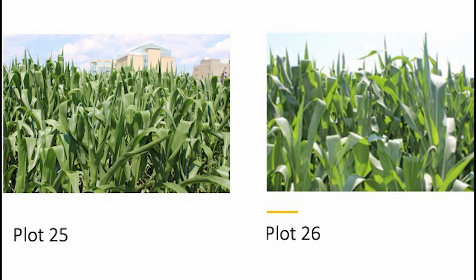There at Sanborn Field, we had side-by-side plots that had been managed the same except for one thing. One had manure applied every year, where the other one didn't, just all the N, P, and K and lime that it needed. And in June, when we were having a dry spell on a warm June day, we could see that the corn on the right did not show any water stress.